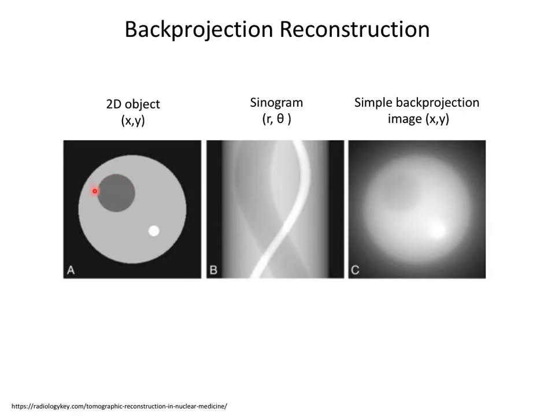The very nice sharp edge between this object and this background gets rolled off. It's quite smooth, and this also. So there's a blurring that occurs if you do simple back projection, right? And so we have to modify the back projection algorithm in order to use this data to reconstruct an accurate representation of the object, right?